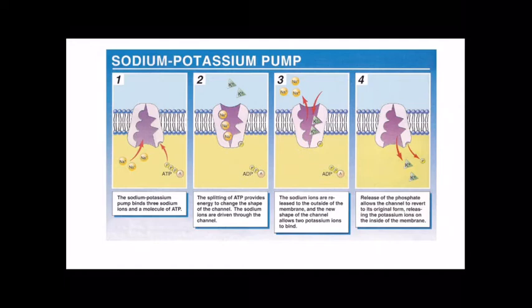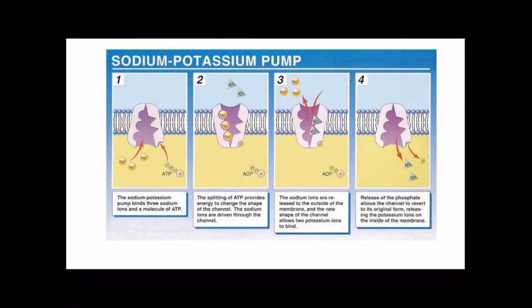But also in the changing of shape, potassium binding sites have been revealed. So potassium ions are attracted in and attach to those binding sites, and that stimulates the release of the phosphate from the ATP, and another change in the shape of the protein.